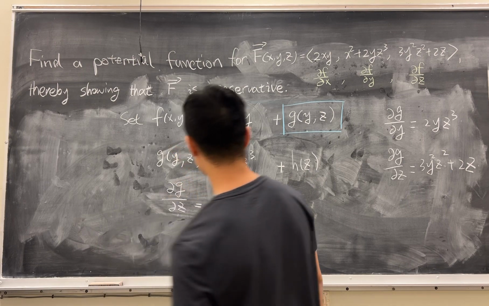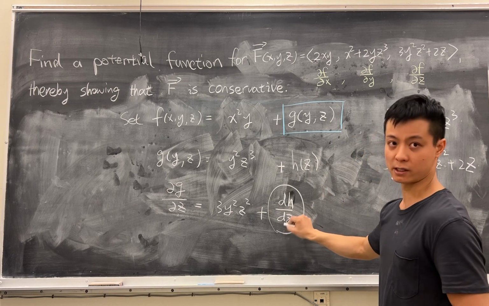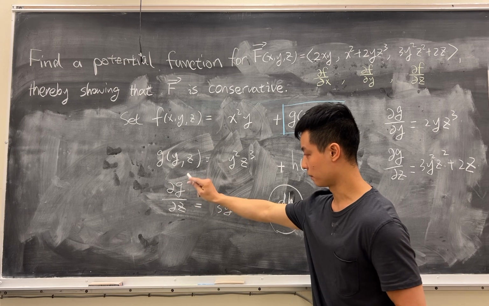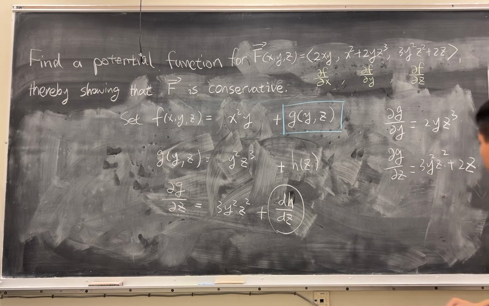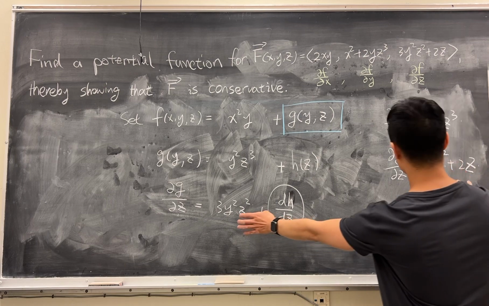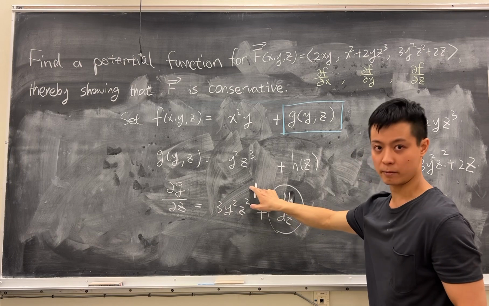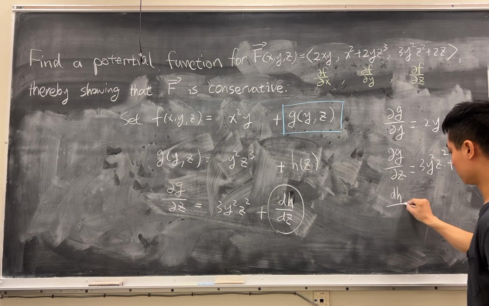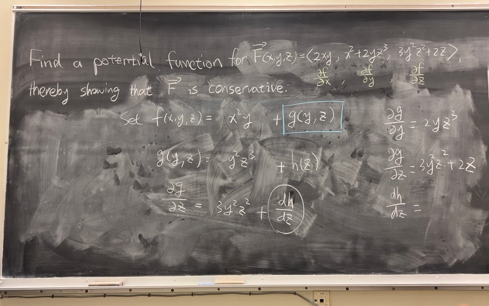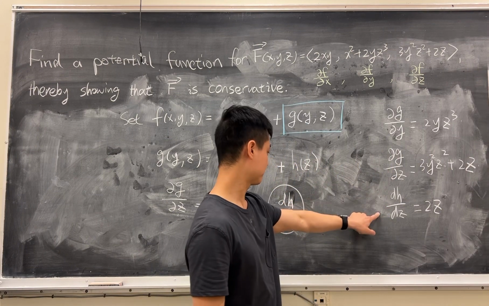Again, from this equation, we can solve for dh dz, because that is partial g partial z minus this one. We know what partial g partial z is: this guy minus this guy. So the first term cancels with this term here, leaving us with dh dz equal to 2z.